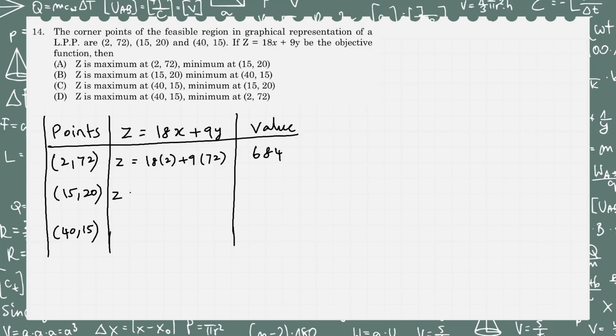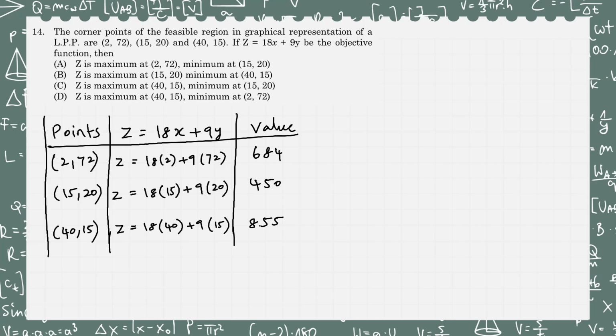For the second one, z equal to 18 times 15 plus 9 times 20, and when we simplify we will get 450 as the answer here. And taking the point (40, 15), the value of z will be 18 into 40 plus 9 into 15. When we simplify, we will get 855.